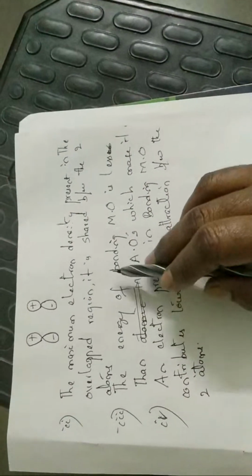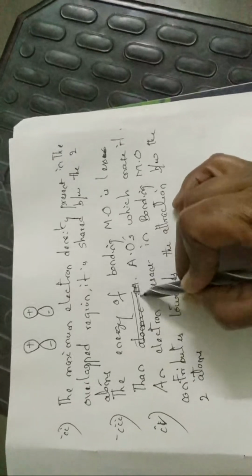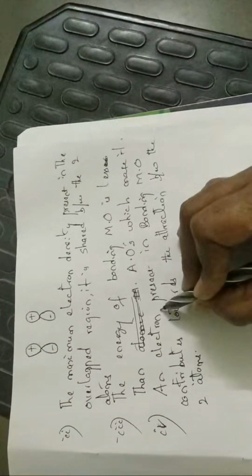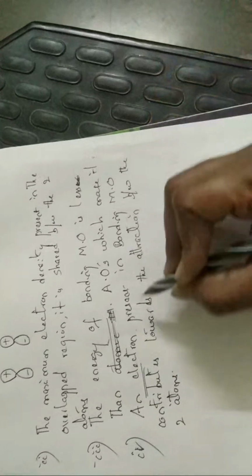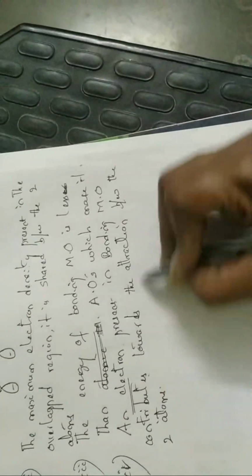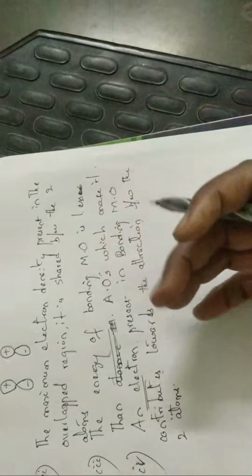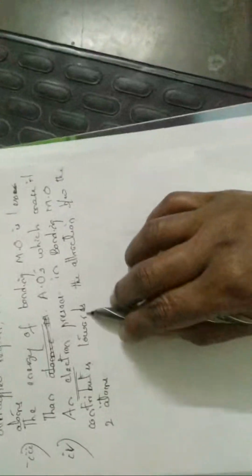The energy is less than the atomic orbitals which make it. An electron present in a bonding molecular orbital contributes towards the attraction between the 2 atoms.